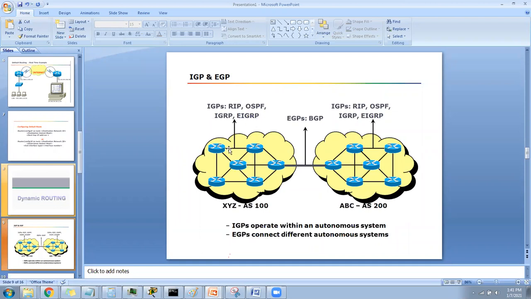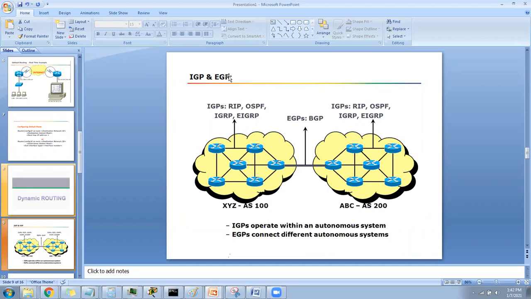In IGP we use RIP, OSPF, IGRP, which is the dead one, and EIGRP. These three, RIP, OSPF, EIGRP, are called IGP protocols, used within an autonomous system. Here you can see there are two autonomous systems, 100 and 200, so here we use these IGPs.